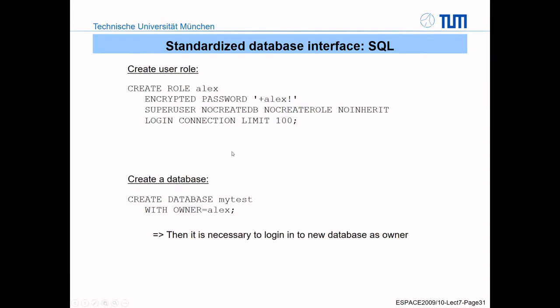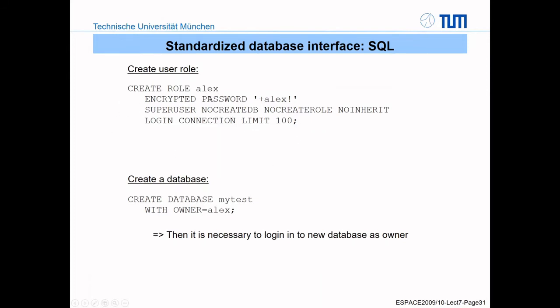And then you have some attributes for the user Alex, like superuser, no create DB, so that this role is not allowed to create a new DB, no create role, it cannot create new roles, no inheritance. There is a possibility to log in, and there's a connection limit of 100. So it's a very simple structure. You have to learn these things, of course.